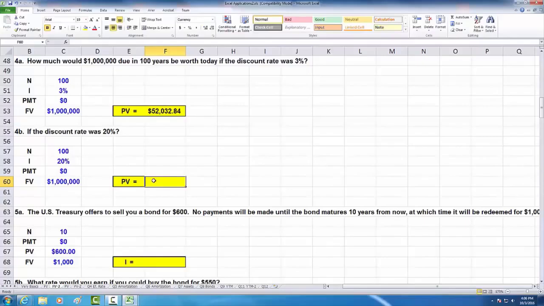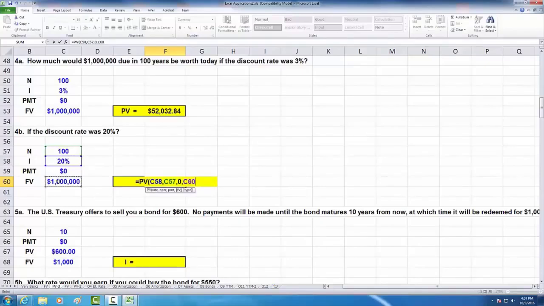So it will be present value, rate is 20%, number of periods is 100, payment 0, future value is $1 million. Of course, the minus sign here. Okay, it's worth $0, as you can see. If the interest rate increases from 3% to 20%, it would be worth almost $0.